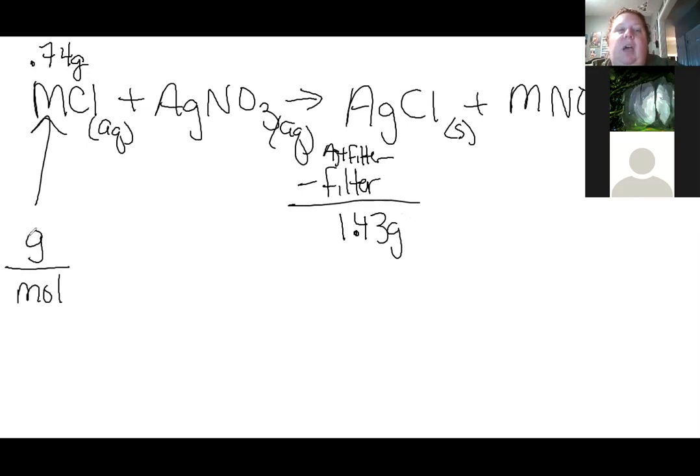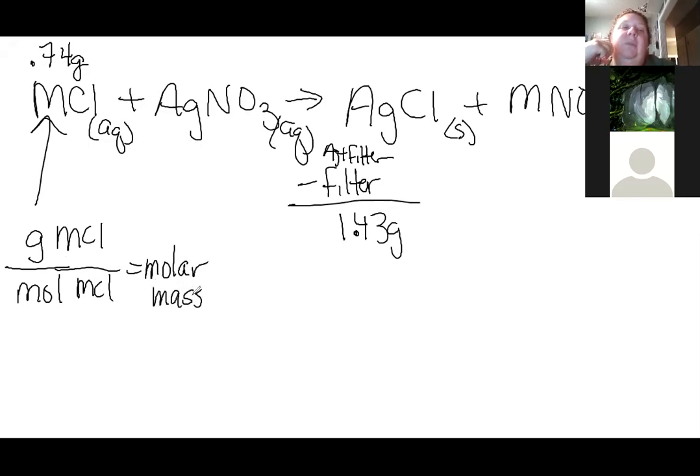So if I can figure out how many grams of MCl I have and divide by the number of moles of MCl I have, that'll give me my molar mass. So the grams of MCl, I've got that part already. But I don't know my moles of MCl. But I can do some stoichiometry to figure it out.